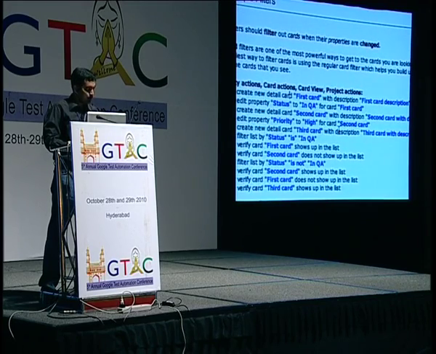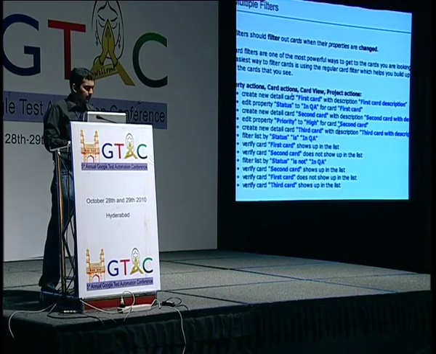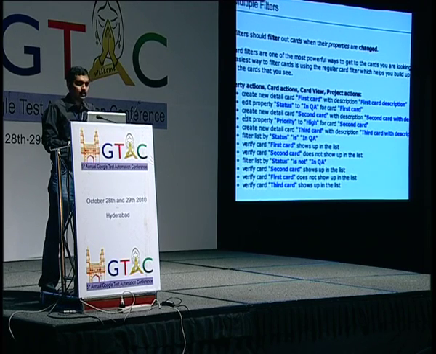What I'm doing here is creating a whole bunch of cards. I'm creating a card called first card. It's going to have a property called status. It's currently in QA. I'm going to create another card with a priority called high. And then I'm going to try and see whether, when I filter them, they show up in a list or not. You'll notice that I'm doing the exact same thing in these 2 steps.